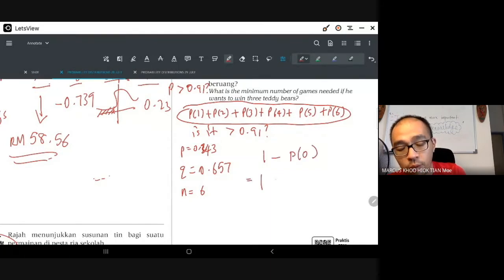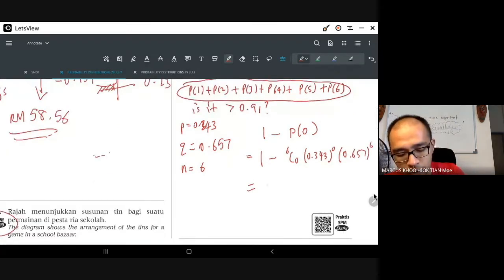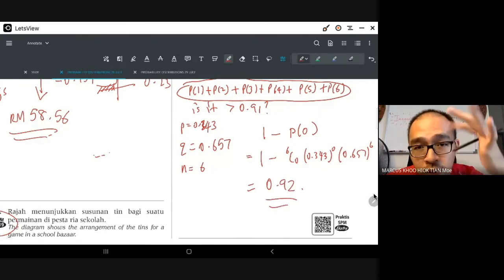Let's calculate 1 minus P0. 6C0, p to the power of 0, q to the power of 6. I should just write the p and the q, right? 0.343 to the power of 0, 0.657 to the power of 6. What's my final answer? 0.92. So the probability of him getting at least one teddy bear is 0.92.